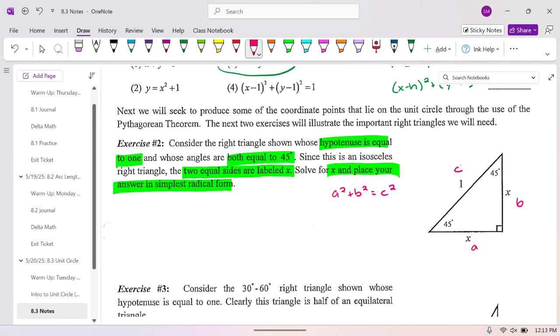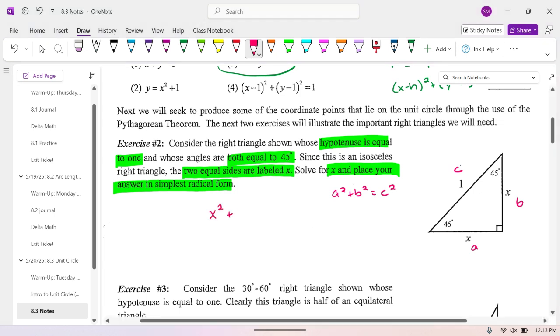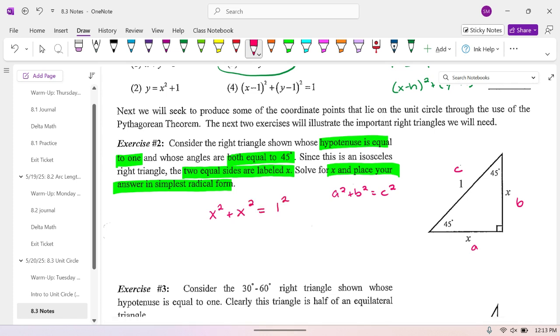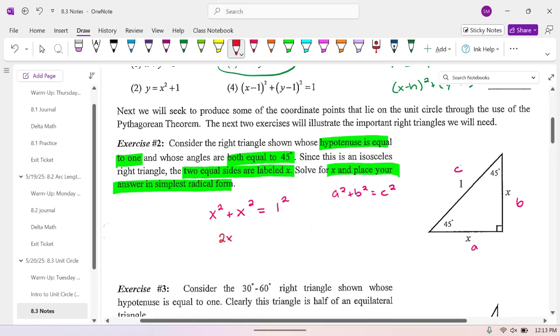So remember, a and b are your legs, c is your hypotenuse. So if I put this in the formula, I would get x squared plus x squared is equal to 1 squared. So if I simplify, what's x squared plus x squared? Could I combine those like terms? Yes, I could. So this could be 2x squared is equal to what?